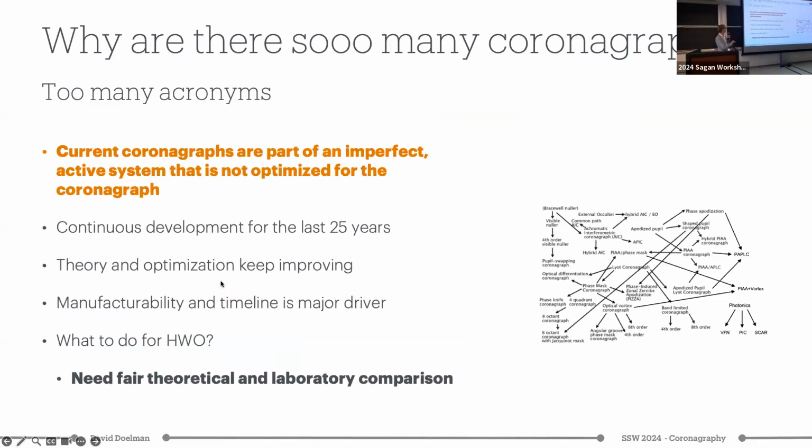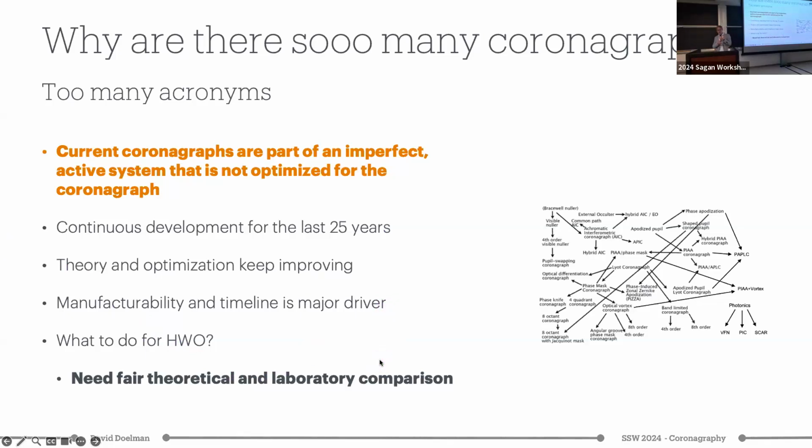So it's not easy to design a coronagraph that's optimal or find the optimal coronagraph. It's also the optics, the telescope is imperfect. There's active systems. So you can do a whole lot and all different things. And so it's difficult to see what's best. And it's been in development for the last 25 years.